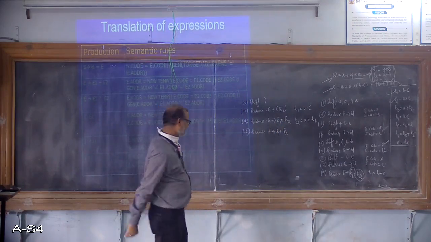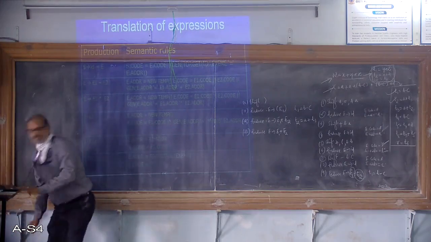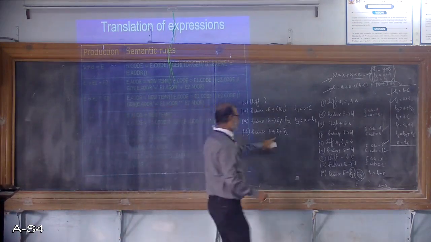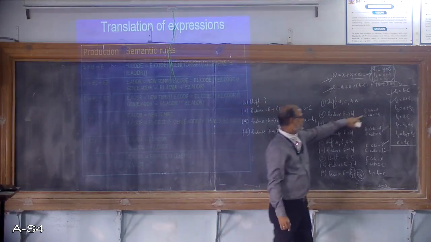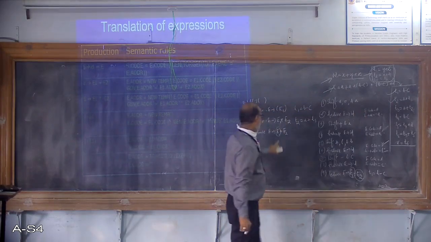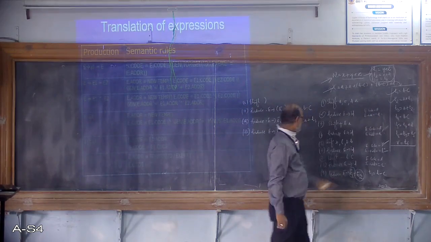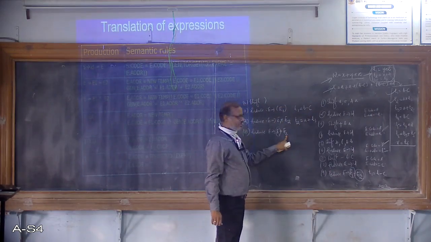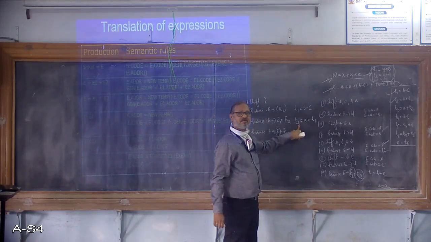Just before the reduction, I have E1.address and E1.code. There is no E1.code, and E1.address is A. E2.code is this, and E2.address is T2.